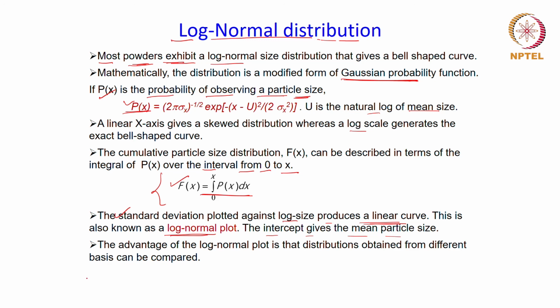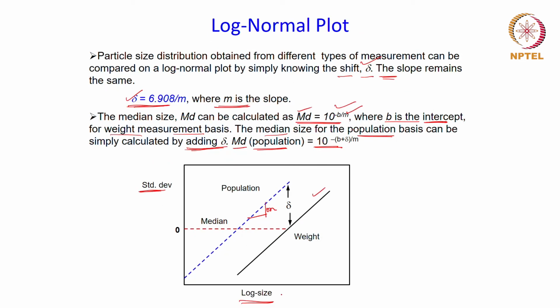And when you plot the standard deviation as a function of the particle size, then you get a straight line like this, and in that case the data from different bases can be easily compared, because you can get this delta or this shift between them with the help of this expression, where m is the slope.